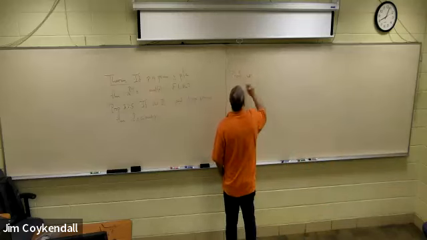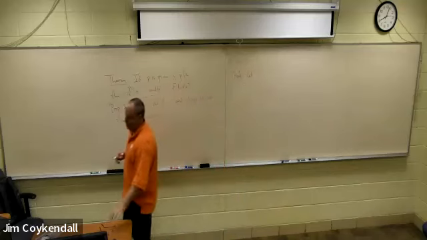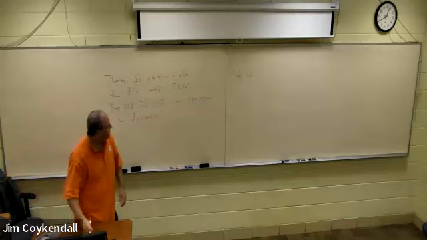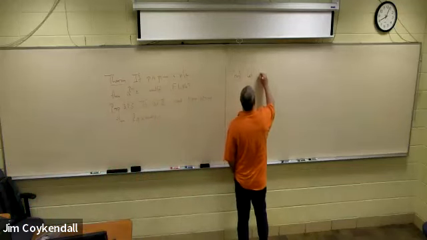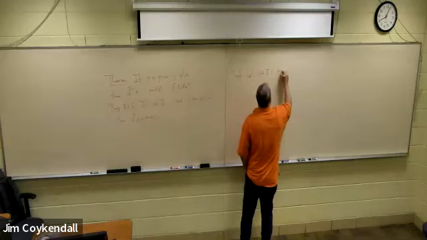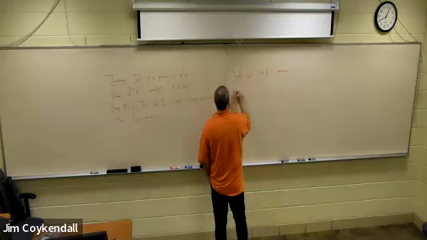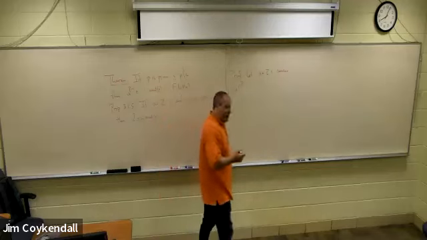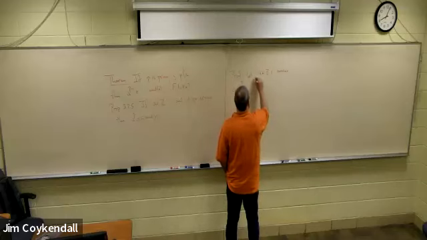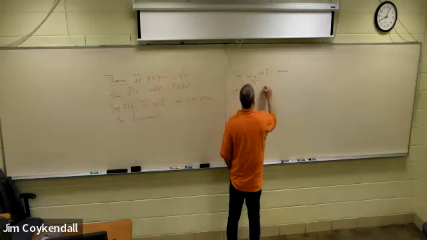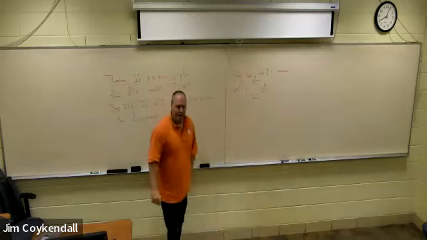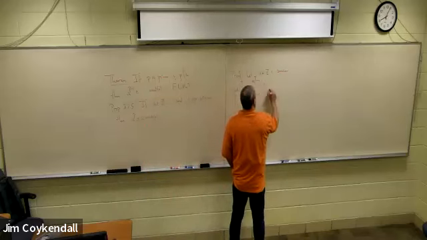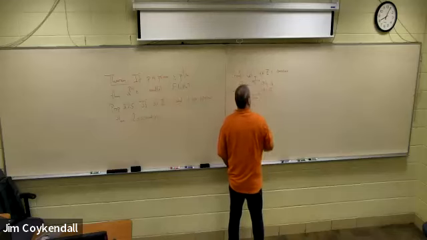So let us consider a plus 1 to the p, which is the sum from k equals 0 to p of a to the k times that binomial coefficient, p choose k.